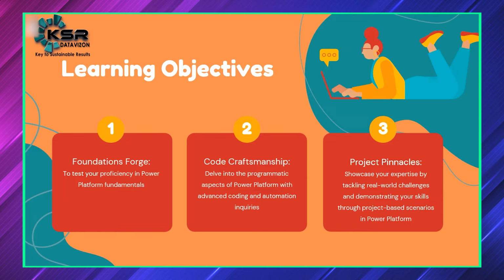Okay, so the things are clear: out of 10 people who attend the Power Platform interview right now, let's suppose three people are selected and the vacancy is one. It becomes a big task for the interviewer to decide whom to select, who is suitable, and to filter out one among three.